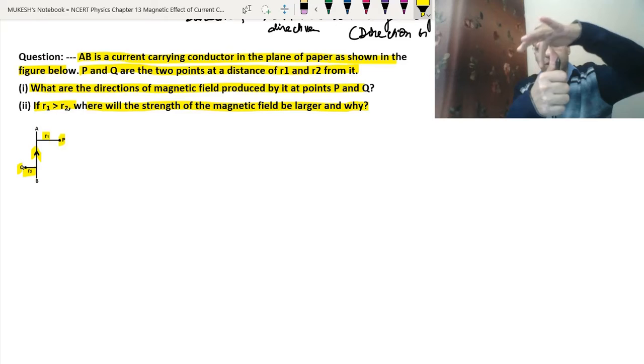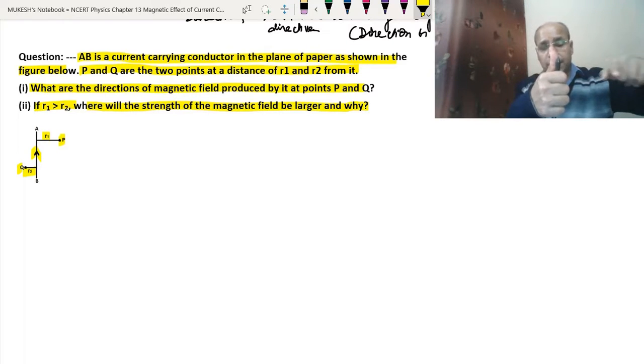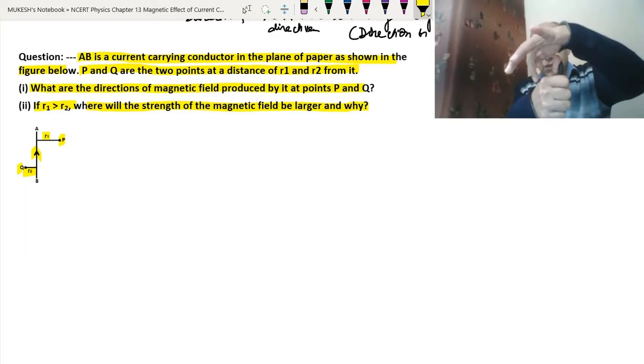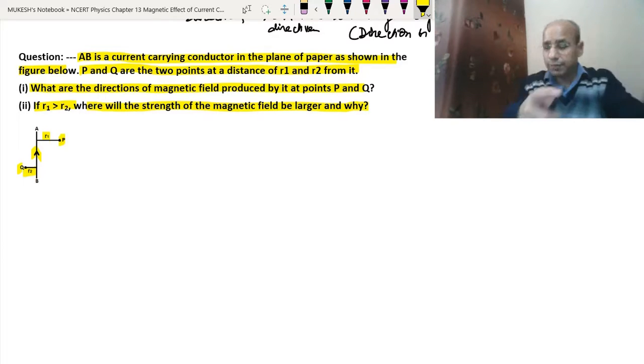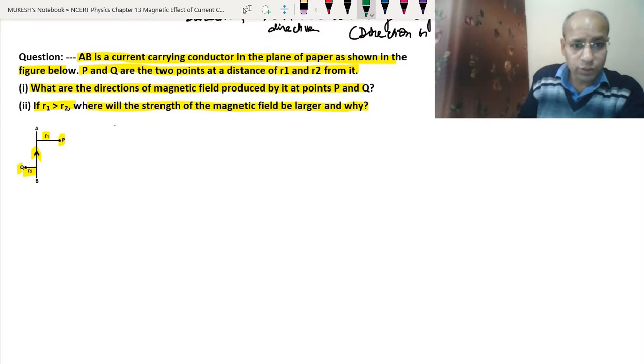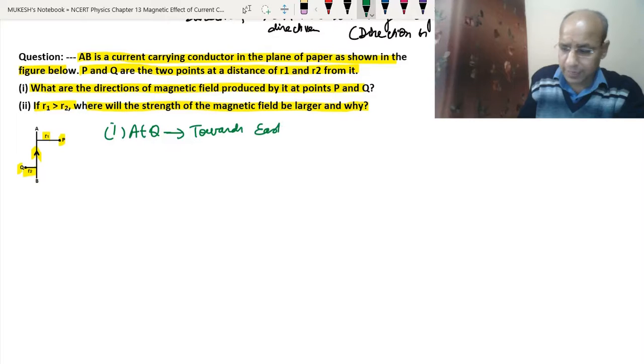So the direction is going like this, from east to west at P and from west to east at Q. This is P, it is from east to west, it is going like this, and here it is Q, from the west, and from here it will go like this. Okay, so let's write the answer. Number 1, at Q, at this point it is towards east, away from the plane of paper.